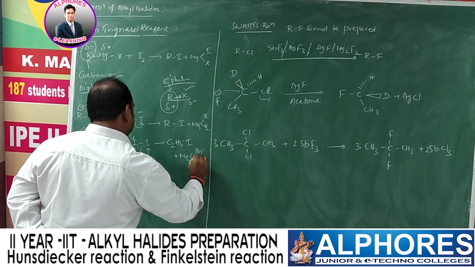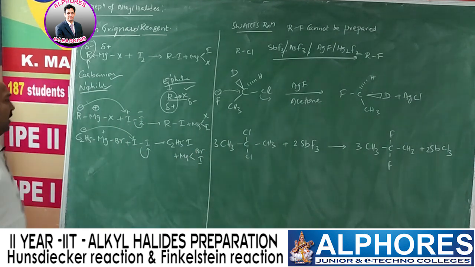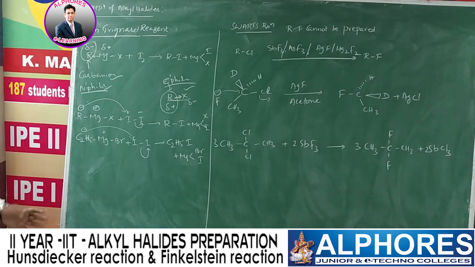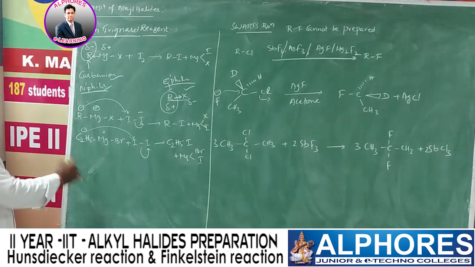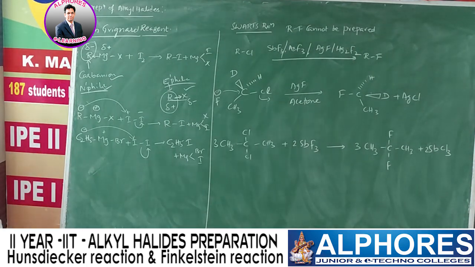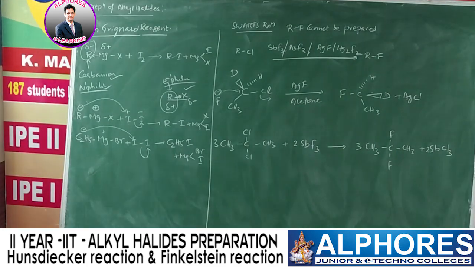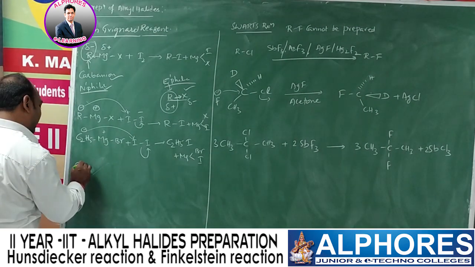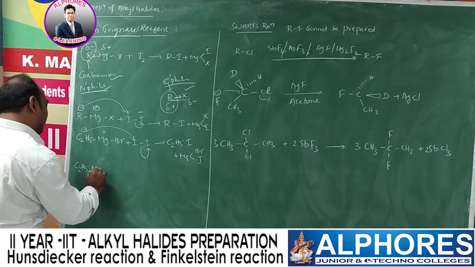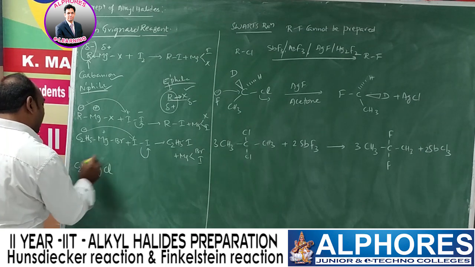Okay, fine. Now we get one doubt. Why do we prepare only alkyl iodides? Why can we not prepare alkyl chlorides and bromides? Let us suppose we impose the same method for preparing alkyl chlorides and bromides. That is not possible. Why not? Let us take the same ethyl magnesium bromide or ethyl magnesium chloride, whatever it may be. Here the alkyl group carbon has a negative charge and magnesium bears positive charge.